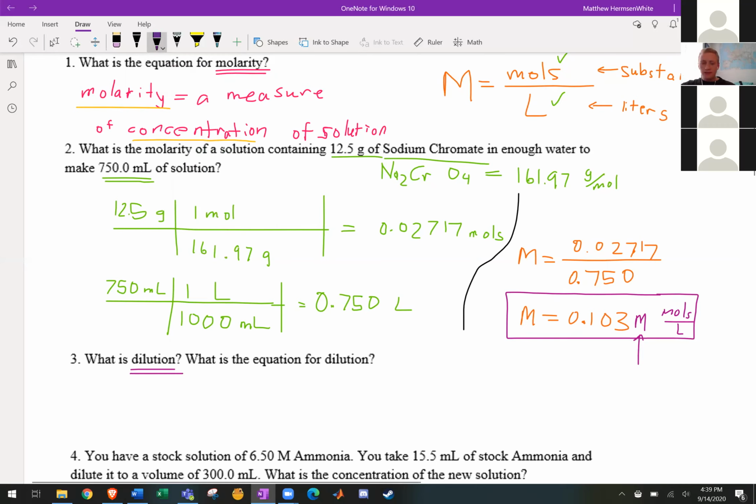So dilution, in my words, would be adding water to make something less concentrated.